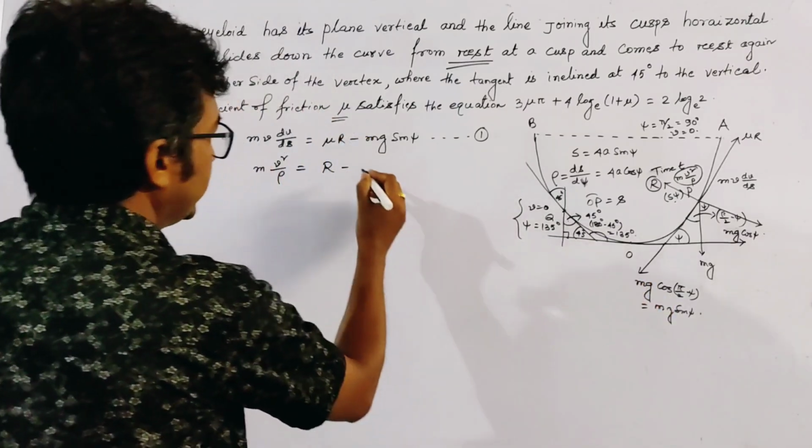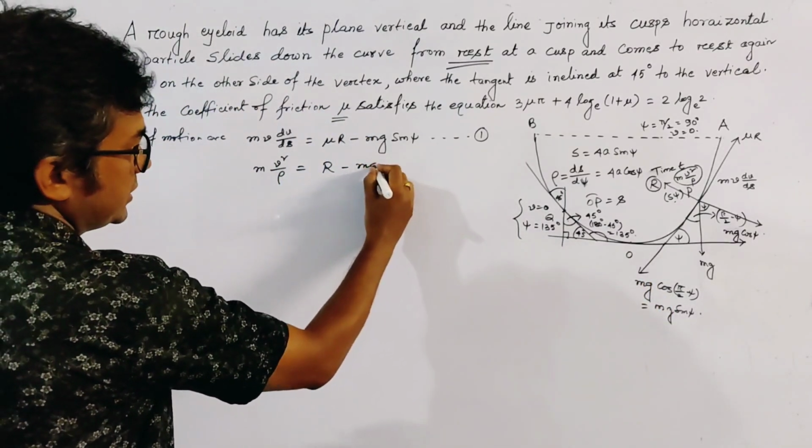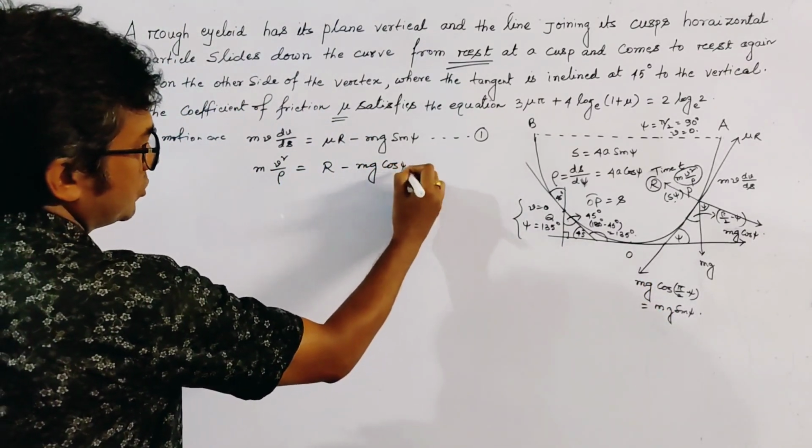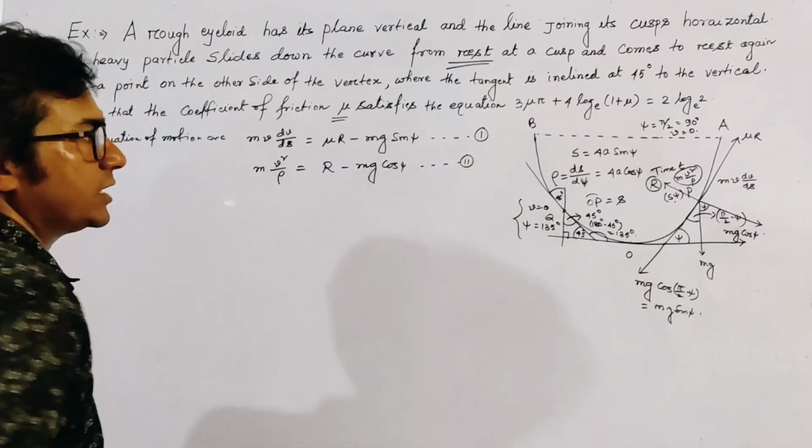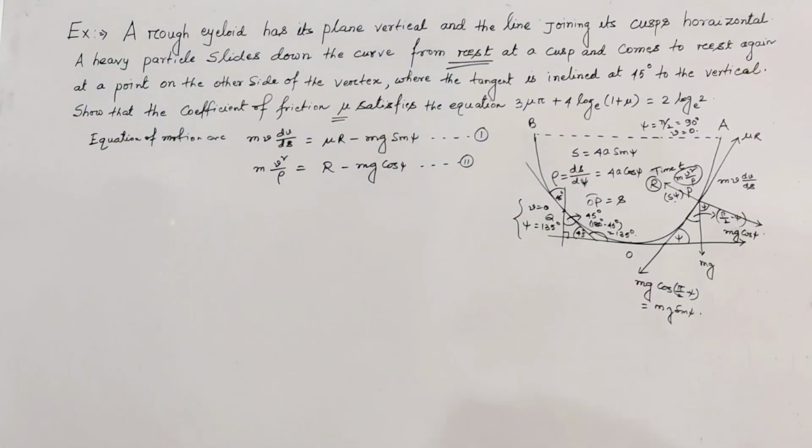So we get R minus mg cos psi, and this is named as relation number 2.